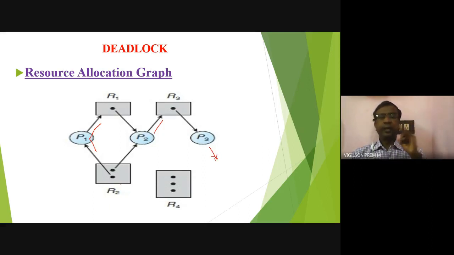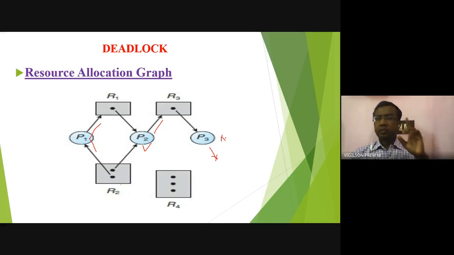If in a given graph all the processes satisfy hold and wait, then only deadlock exists. Here P1 and P2 are performing hold and wait, but P3 is not. So there is no deadlock.